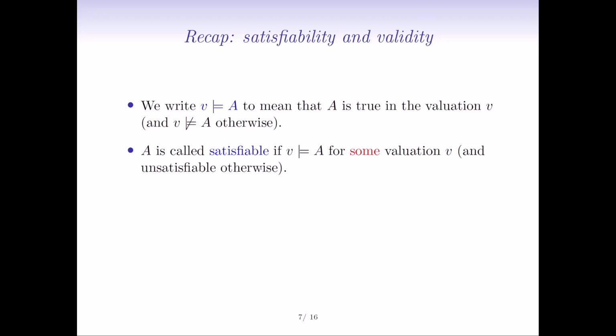And the formula A is called satisfiable if there's at least some way of making it true, which is to say that V satisfies A for some valuation of the proposition letters. If there's no way of making it true, in other words, if it turns out to have truth value 0 for all possible valuations, then it is called unsatisfiable.